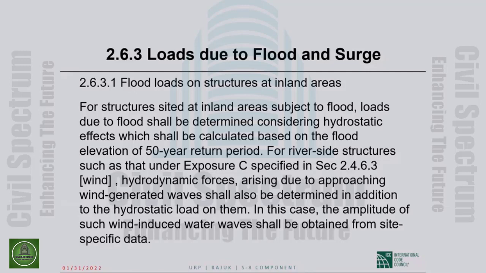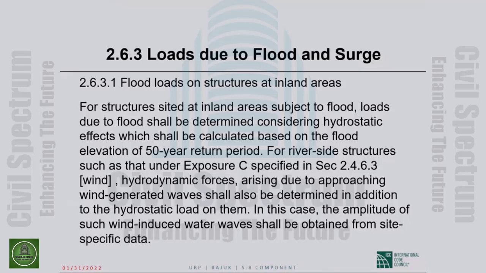A part of Moheshkhali is covered by hills and therefore free from inundation. However, the western and northern parts of Moheshkhali are low elevation and risk inundation. For structures sited in coastal areas, the hydrostatic and hydrodynamic loads shall be determined. And then there is quite a bit given in the code itself.